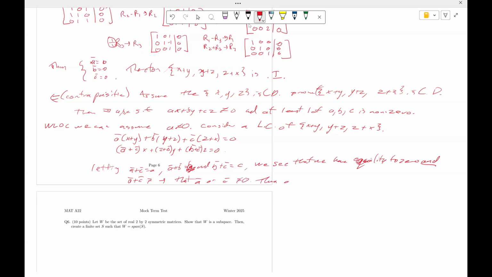Thus, a non-trivial linear combination equals 0. Thus, the set x plus y, y plus z, z plus x is linearly dependent. And we've proven what we wanted to show.